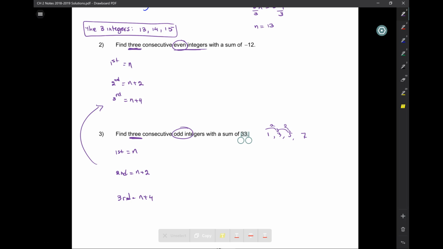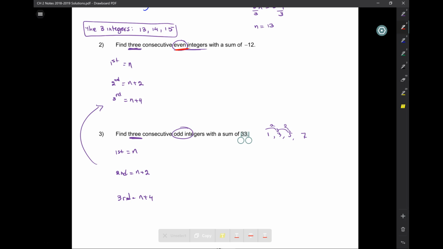Okay. So when I'm teaching math, I always tell my students, search for patterns. Do you see how there are two different problems, but they're solved the exact same way? No matter if it's even or odd, you're still going to do n plus 2, n plus 4. Why is that? If you're looking for even ones, you start with an even number, like 4.